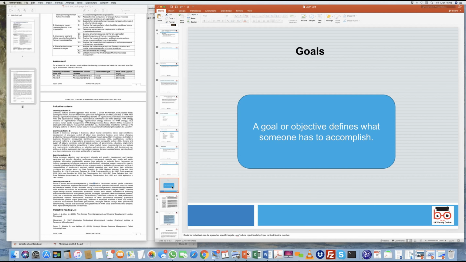That means we need to reduce the number of people working within the organization. Here, the CEO has given a very specific goal or objective to reduce the headcount by a certain percentage, by 2 or 3%, or maybe give a number like 200 if there are 2,000 employees. And the reason this has been done is because they want to save on costs.